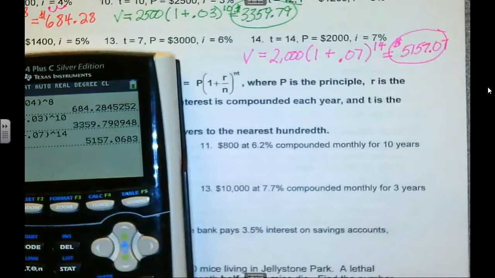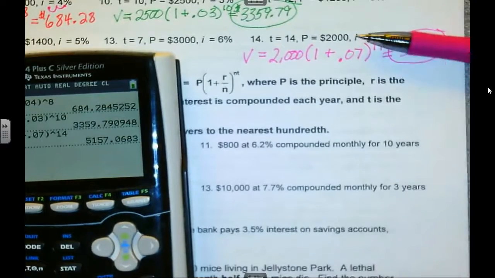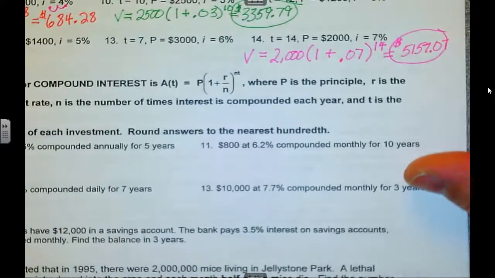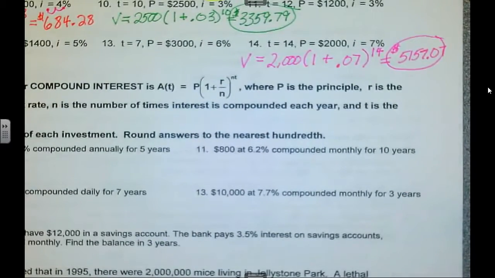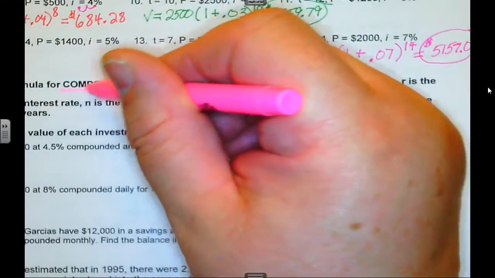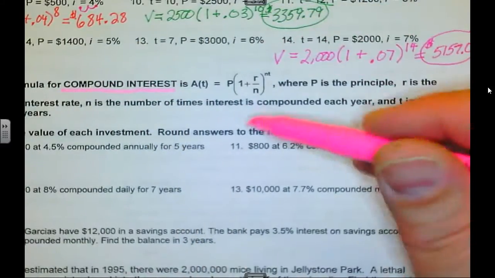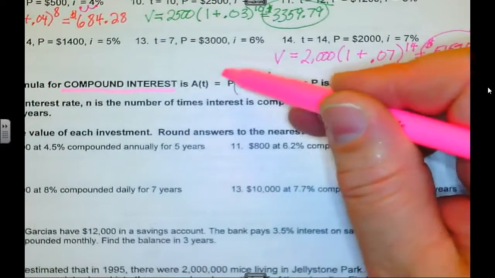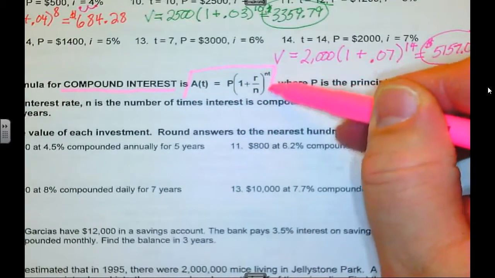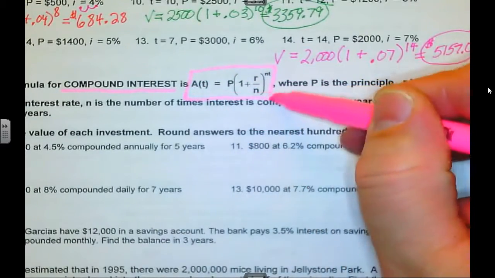Now, that's the kind of money that we get for our pensions. The kind of money you have to pay for credit cards is a little different because it's more. It's what's called compound interest. And that formula is, now they used function notation.